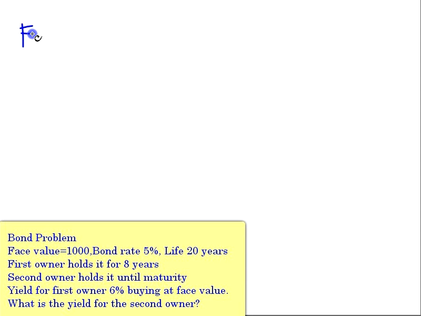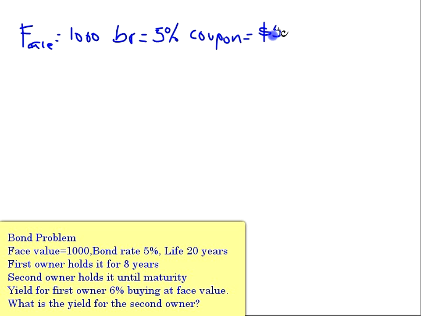The bond rate is 5%, and the coupon is therefore $50. The time to maturity, the complete life of the bond, is going to be 20 years.